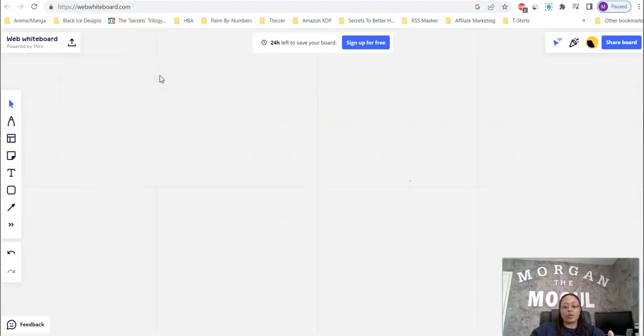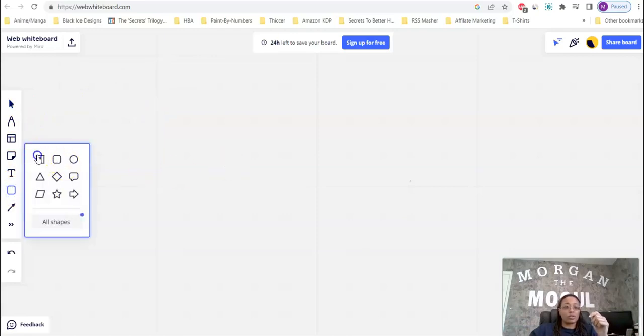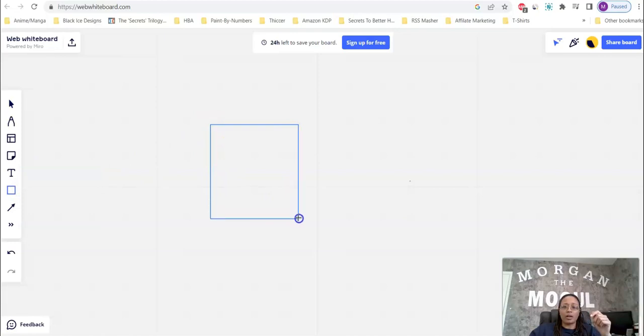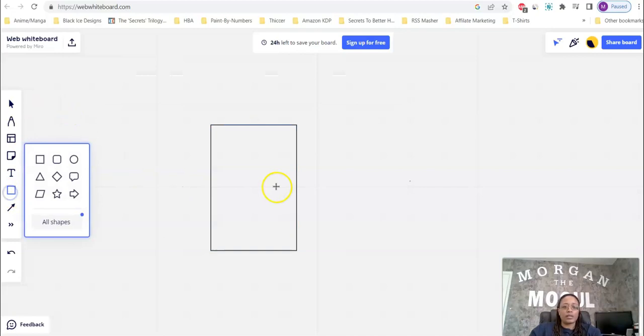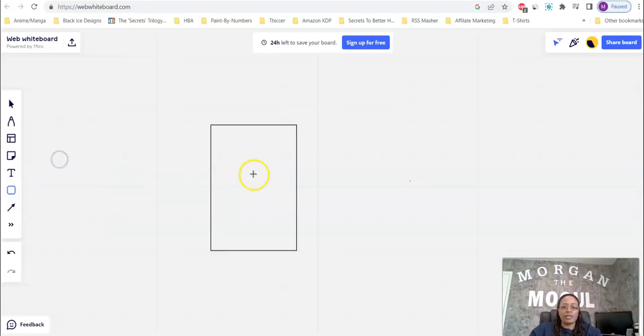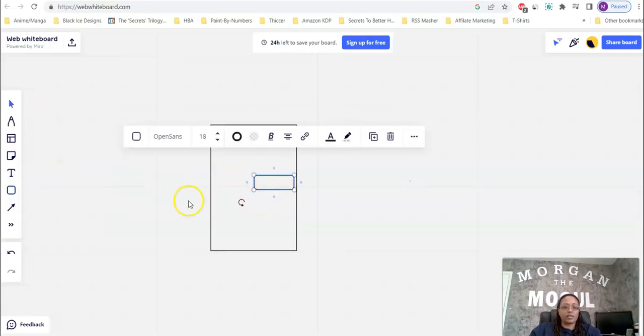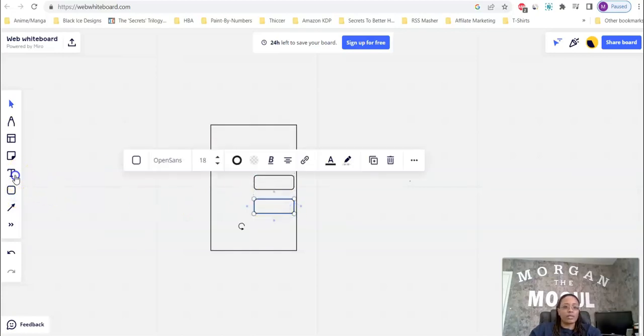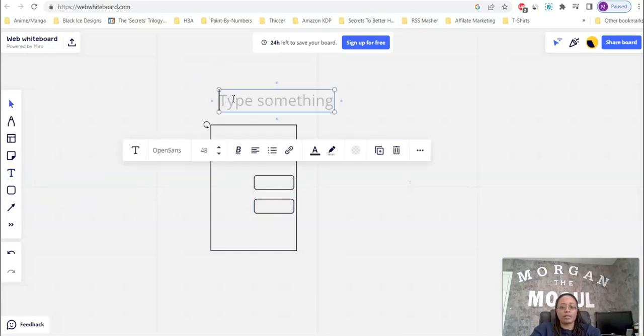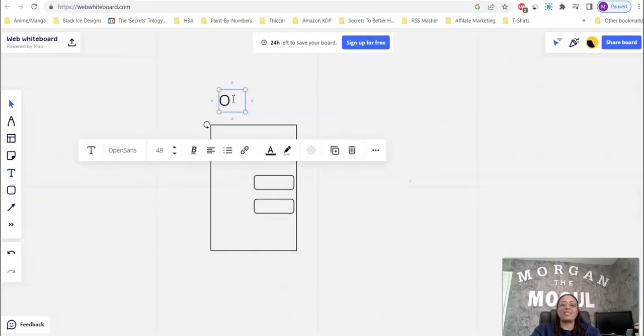All right, so in a traditional funnel, we'll draw some nice shapes. You have an opt-in page, and we're going to say opt-in. Your opt-in page is where you want to get their name and their email address.